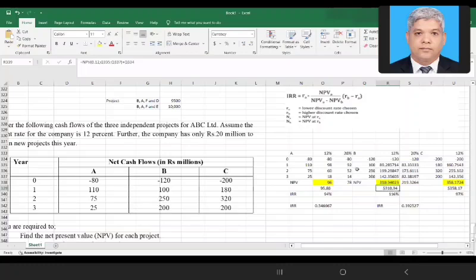That's correct. NPV 78. IRR giving 94.6.